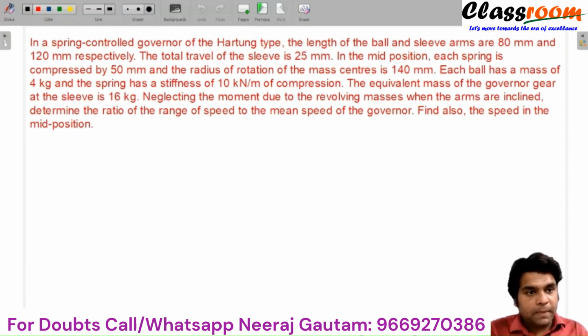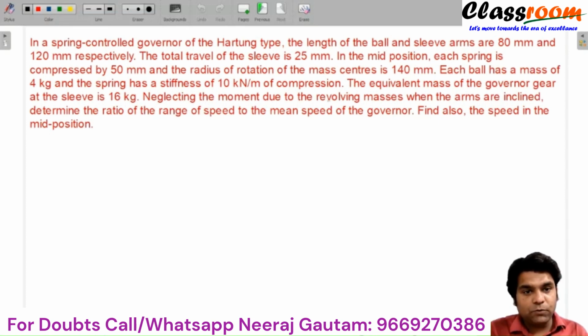Each ball has a mass of 4 kg and the spring has a stiffness of 10 kN per meter of compression. The equivalent mass of the governor gear at the sleeve is 16 kg.